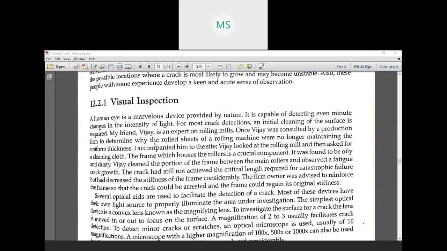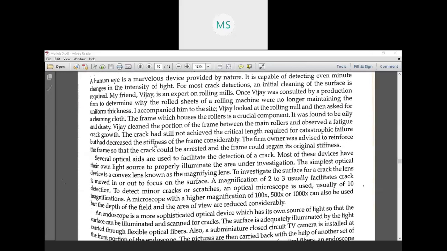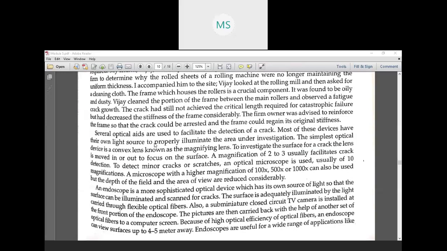Visually, you can see the defects, point them out, and go deep into them by using lenses, a convex lens, throwing light on it, capturing it with a camera and recording it for future inspections. And for that, an endoscope is used for studying it in detail.